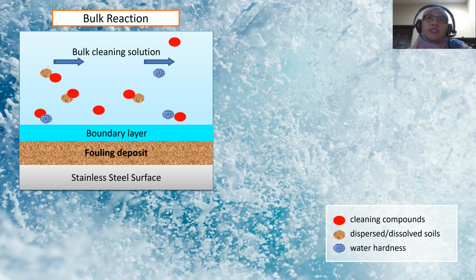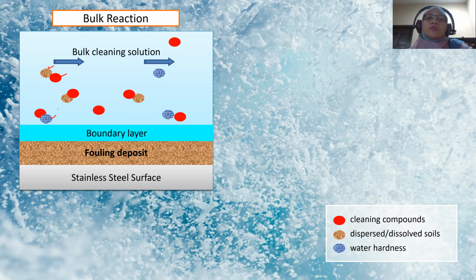So this brown shaded oval represents the soil, and this red shaded oval represents the chemical compounds. These chemical compounds may also react with the water hardness, represented by the blue shaded oval shape here.